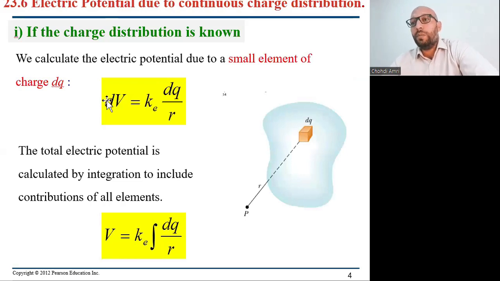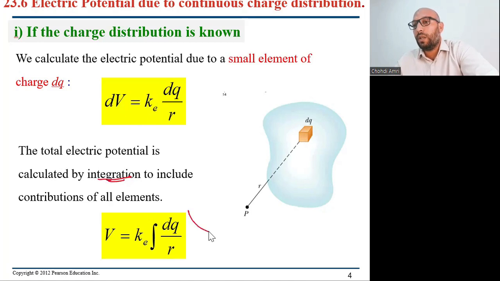If the charge distribution is known, we can calculate the electric potential due to a small element of charge dq. In this case, dV equals k dq over r. If we want to calculate the total electric potential due to all these elements of charge dq, we calculate the integration.